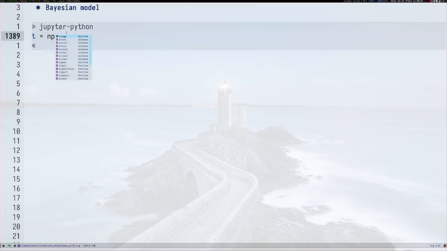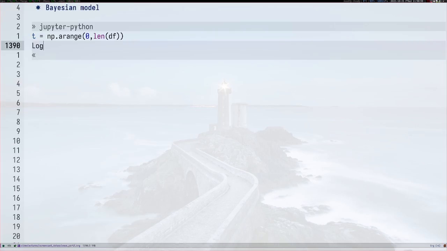So we're going to have a time variable t, and of course we don't want dates here, we simply want to have it run from 0 and then long enough that we can cover the whole data frame. And we're going to model log cases, which is going to be equal to numpy log of data frame cases.